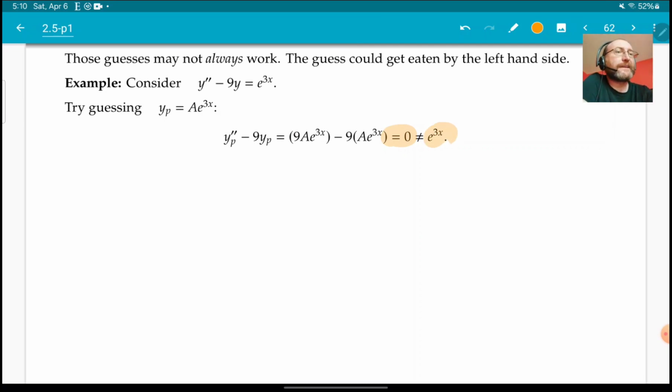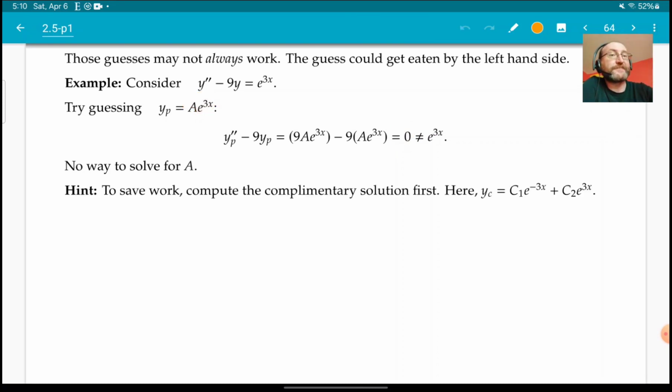There's no way I can make it equal to e to the 3x. I can't solve for a. Every a will just give me 0, because this thing is in the complementary solution. It is a solution to the associated homogeneous equation. That's the problem.